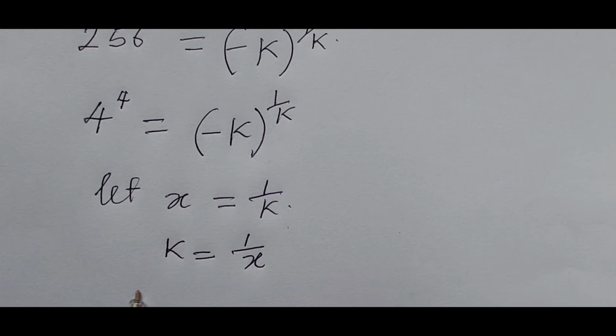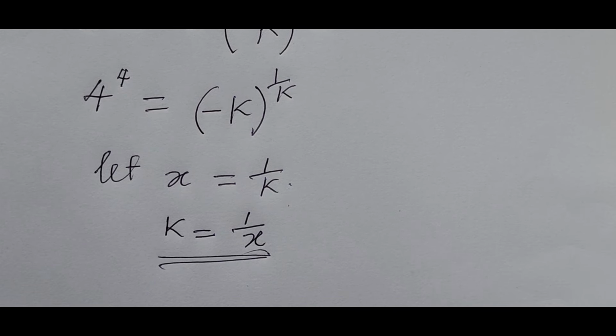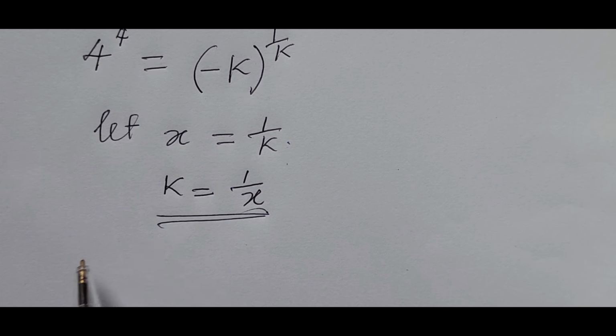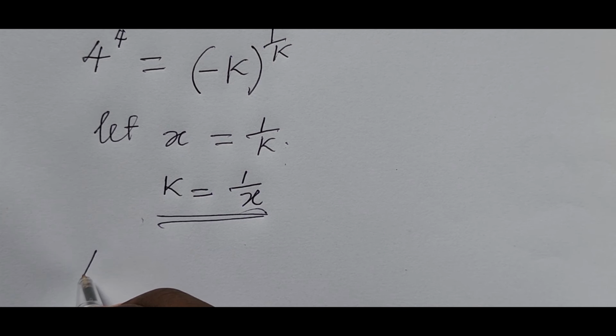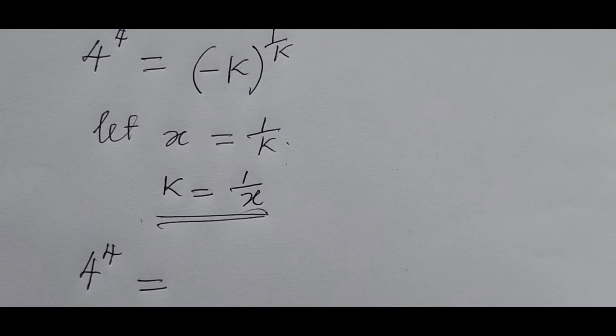In other words, we find the reciprocal of both sides of the equation, right? Good. So from this expression, we want to put it into the other expression. So this is going to give us 4 to the power of 4 equal to, wherever we see k, let's put in 1 over x.